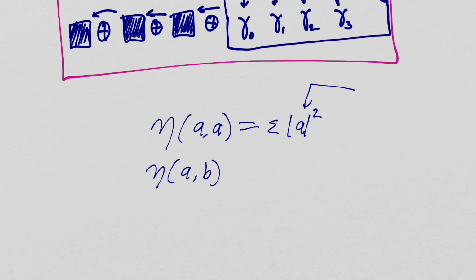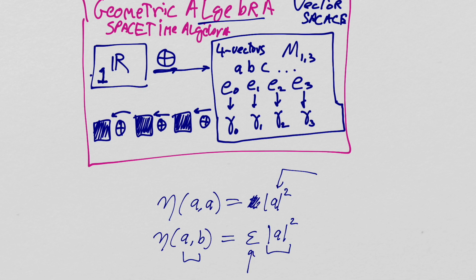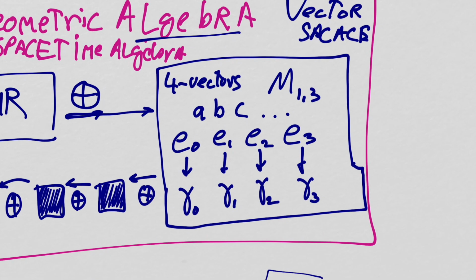Now, if it was Euclidean, then we wouldn't need the epsilon because it would always be positive. But because our metric is Minkowski, we include this epsilon so we can isolate the sign from the magnitude of the metric contraction, or the contraction between A and B. But what I'm trying to emphasize is that this metric is part of this 4-vector space, right? I'll put it here in green, the metric.